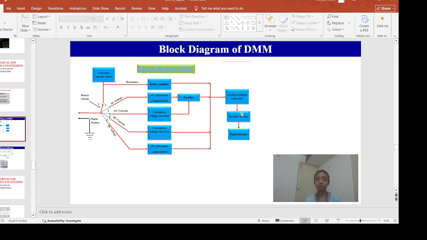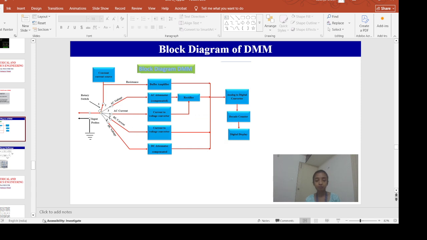My known current value is 5 milliampere and I am getting 5 volt, so 5 volt divided by 5 milliampere means 1 kilo ohm is the value of this unknown resistance, and that will be displayed on the screen.